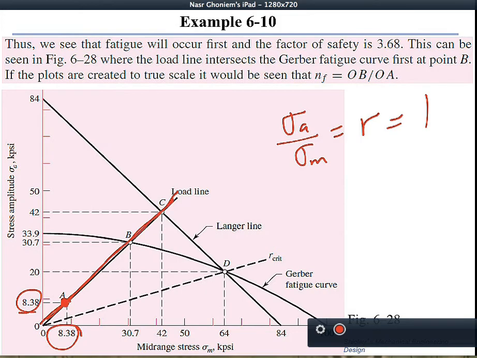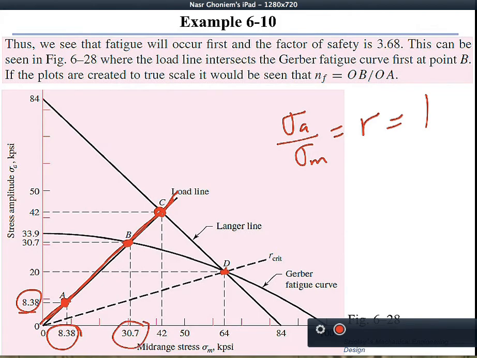Now there's an intersection between the load line and the Gerber fatigue curve at point B. There's another intersection between the load line and the Langer line at point C. And then there's an intersection between both the Langer line and the fatigue line at point D. And we have the equations to solve for the coordinates of all of these.